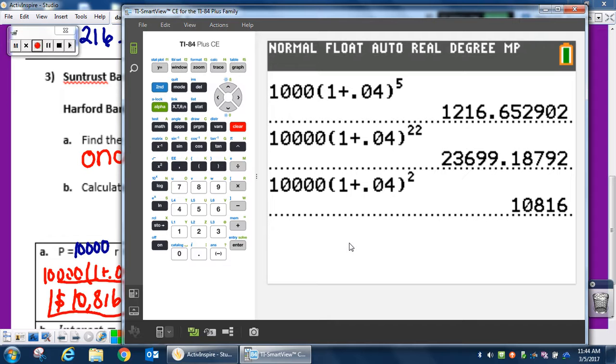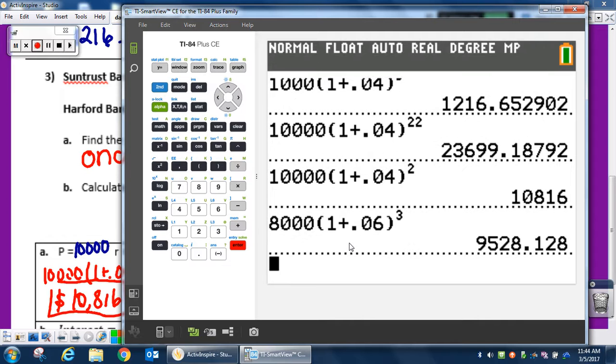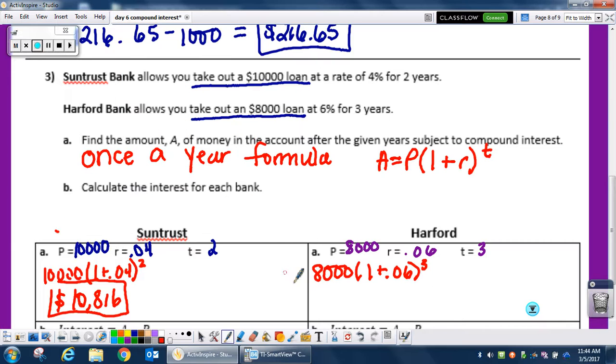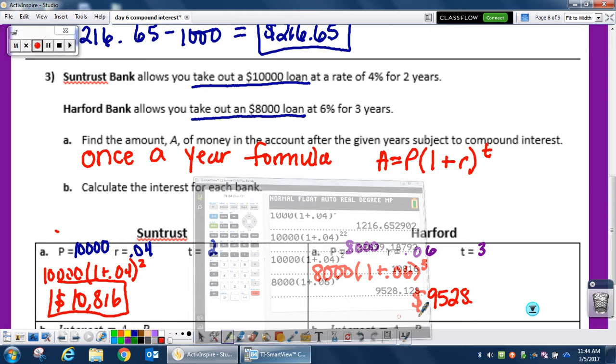Not times, oh no! 8,000, 1 plus 0.06, not 0.6. And to the third power. Enter. Alright, so that one would cost us $9,528, and I believe it's 13 cents.